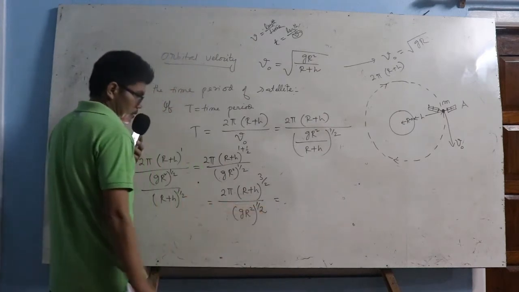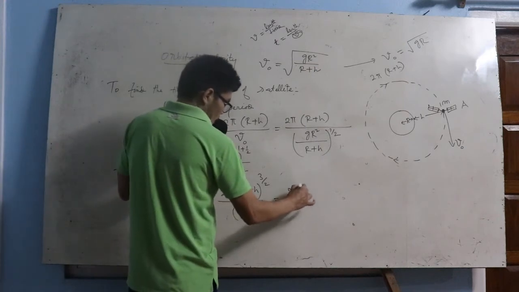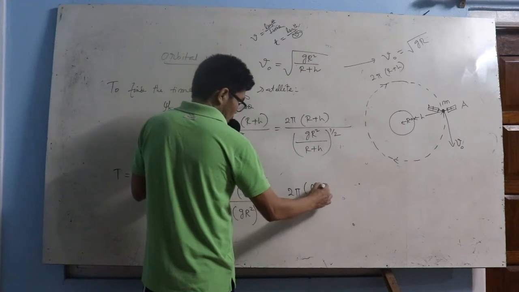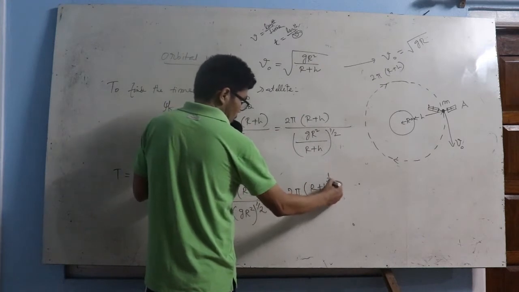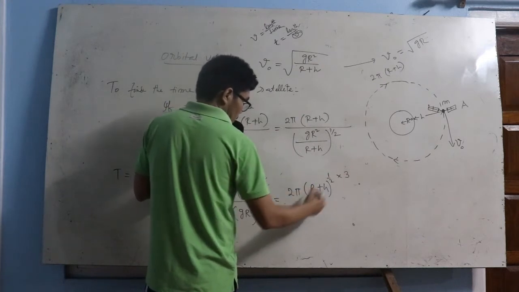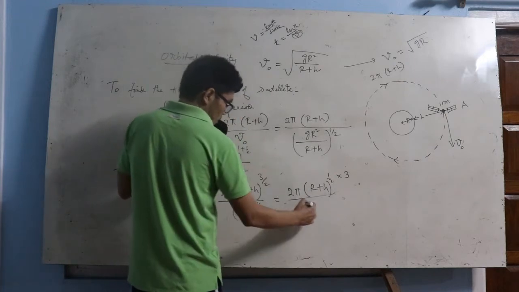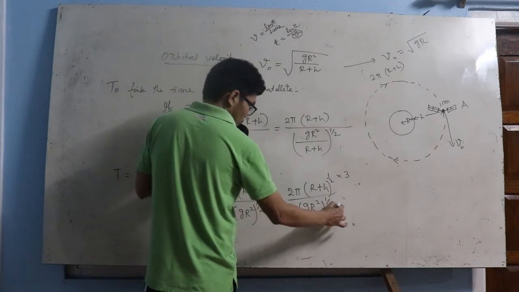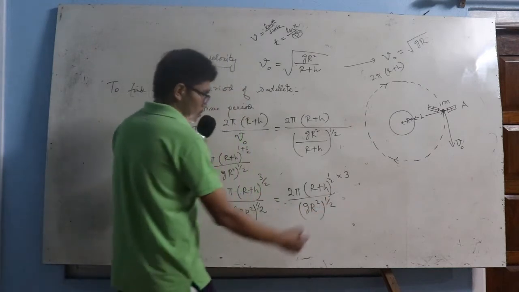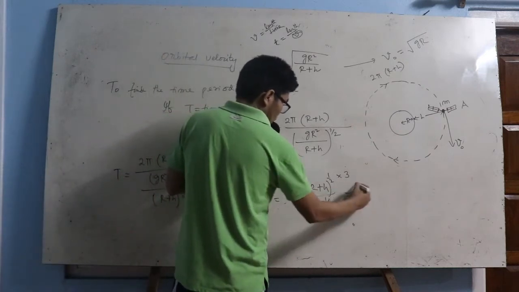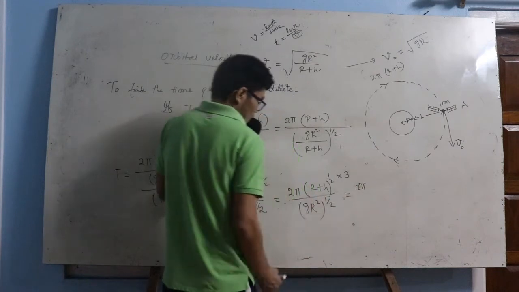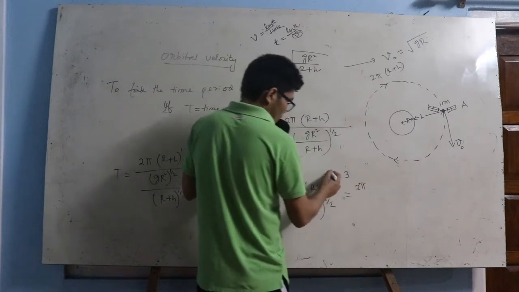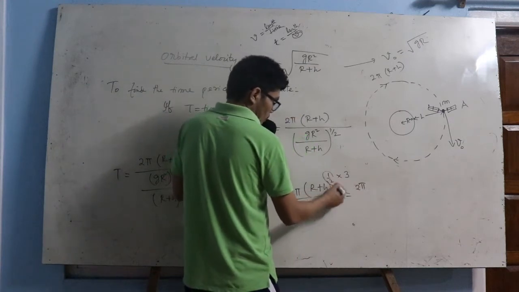Now you can write like this again: twice pi, this (R plus h) you can write as, half into 3, divided by gR squared, and the power is what? Half again. So this is equal to twice pi. Then if you combine these two, you can take the common power 1 by 2 here.